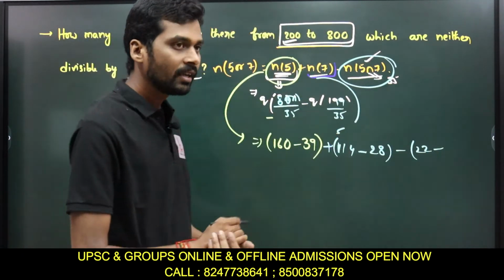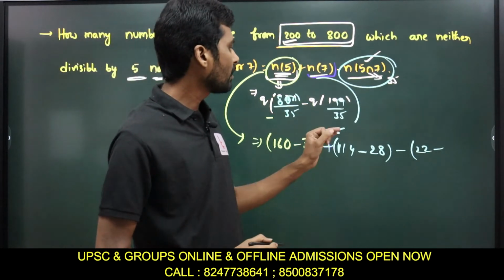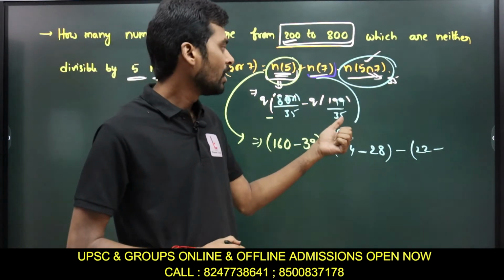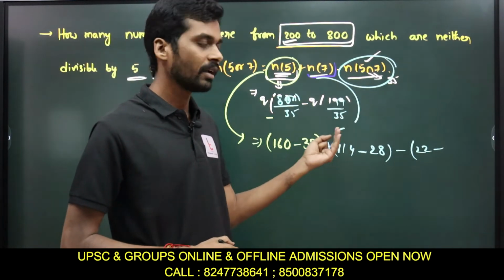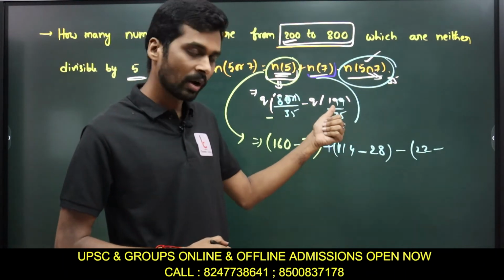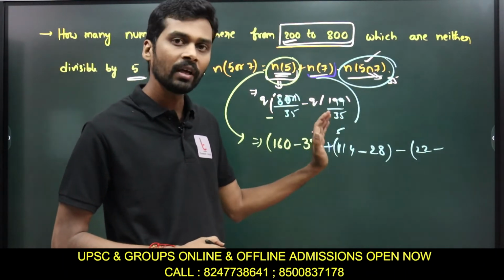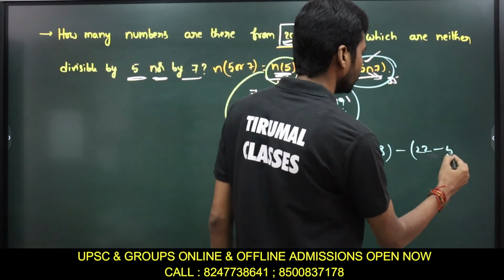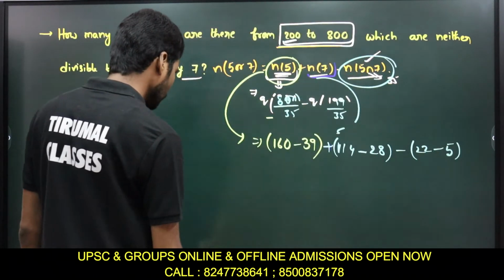For 199 by 35, 35 times 5 is 175 and 35 times 6 is 210, which is more than 199, so I go with only 5. So this is the value.